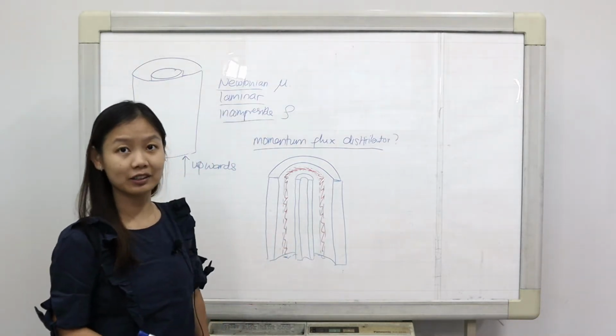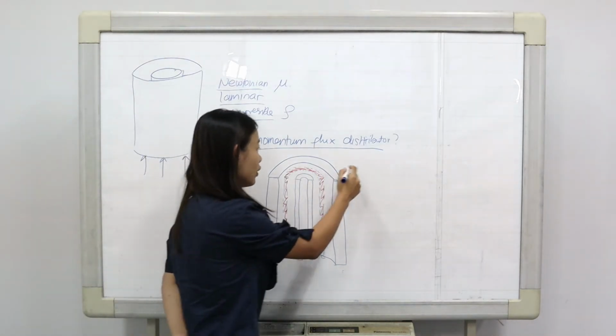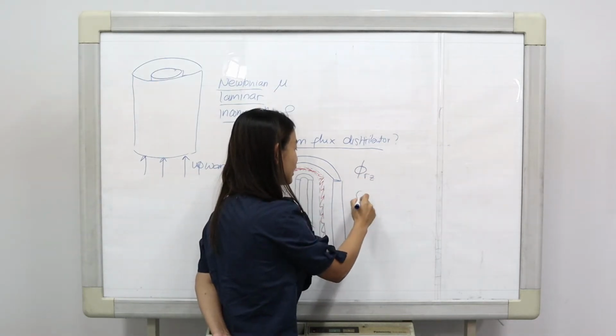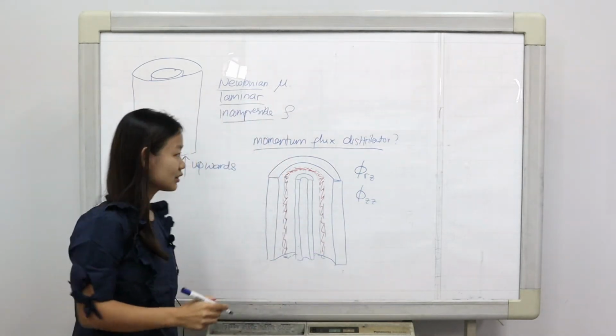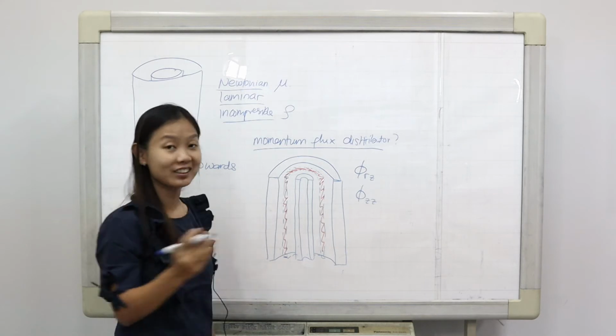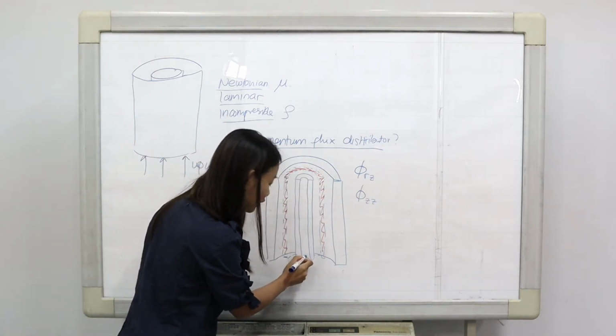And just like yesterday, we have two components of momentum flux. The first one, we have phi rz, and the second one, we have phi zz. Oh, sorry. Before that, we have to determine the zero point coordinate.